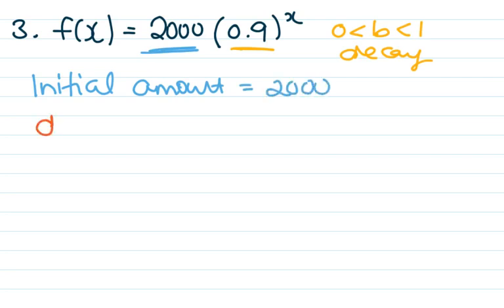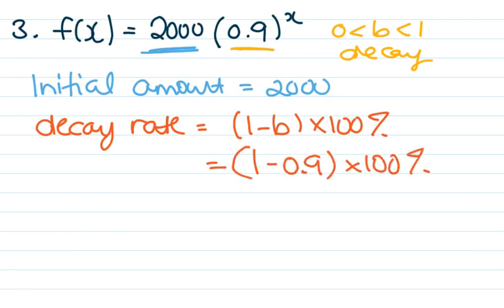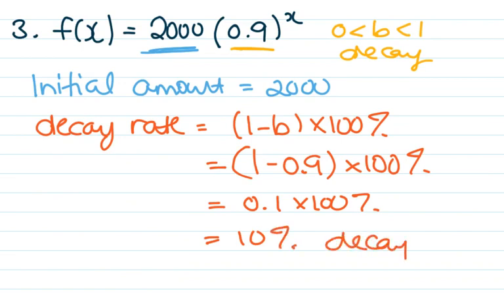And now our decay rate, we're going to use the other formula in the chart above, which is 1 minus b times 100%. So b is 0.9, so 1 minus 0.9 equals 0.1 equals a 10% decay rate.